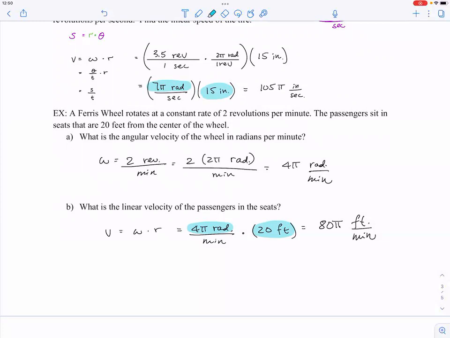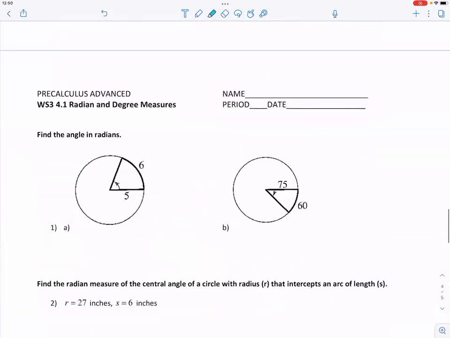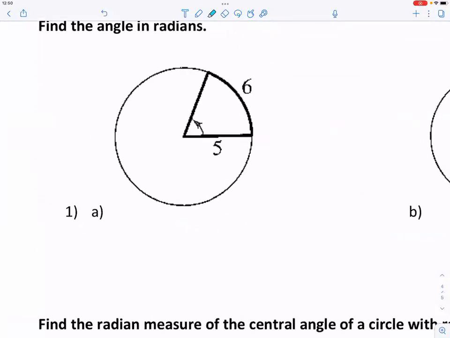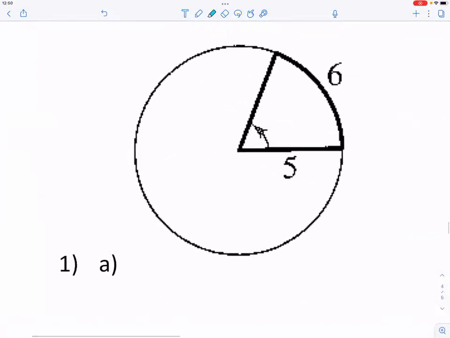Okay. All right, now let's take a quick look at the worksheet. I want you to look at question 1A. Now, if I ask you to look at this picture, and I need you to answer me very quickly, is it bigger than 1 radian or less than 1 radian? It's bigger. Is it bigger than 2 radians or less than 2 radians?